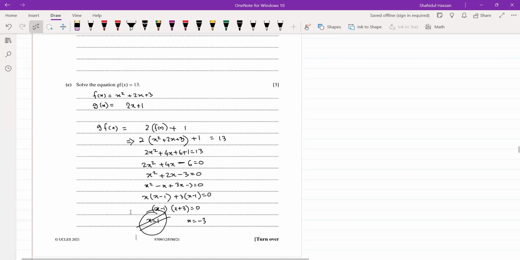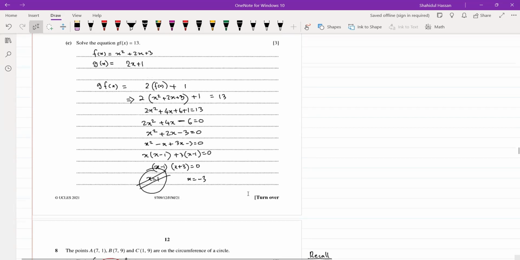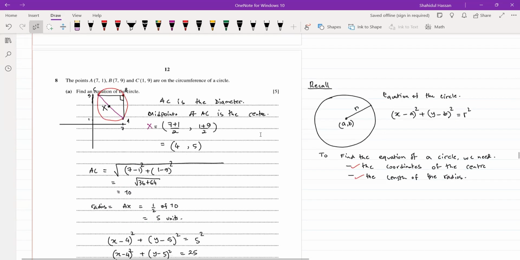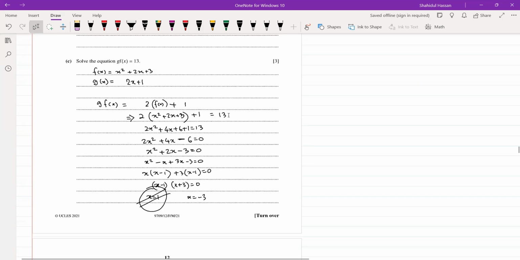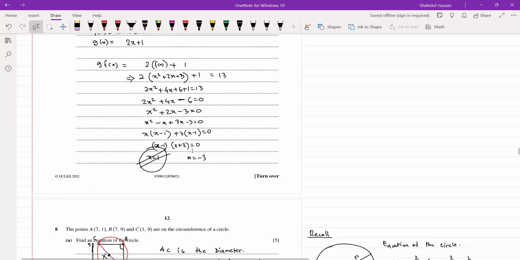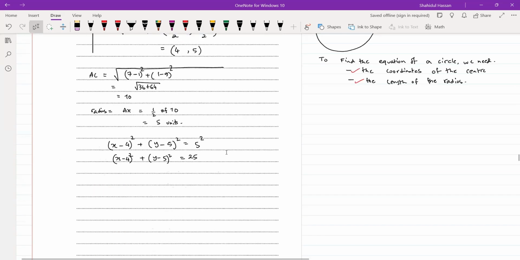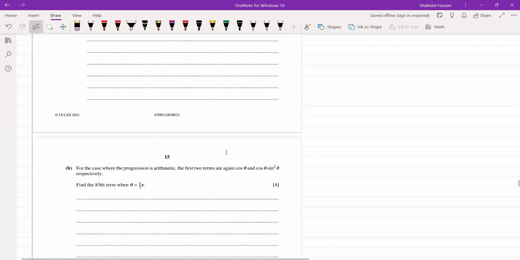For that condition, this x equals to 1 should be eliminated from your final answer. So that's it for the function problem. X equals to minus 3 should be your one and only solution, no other solution.